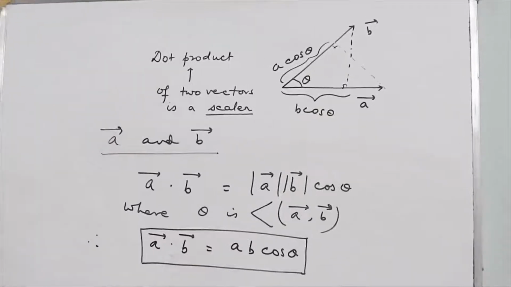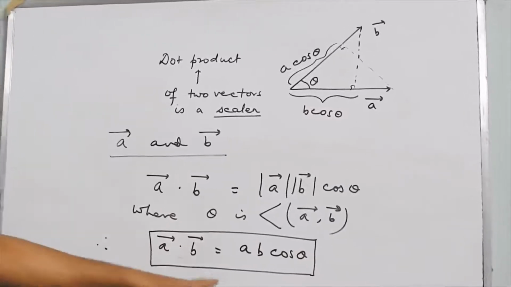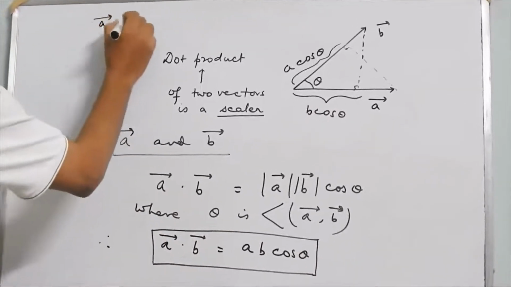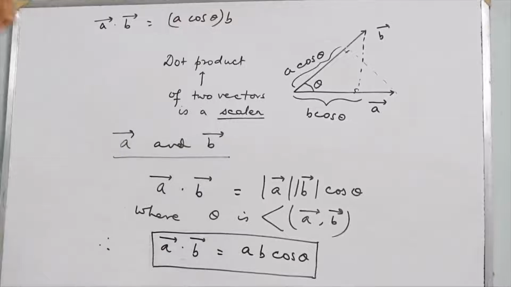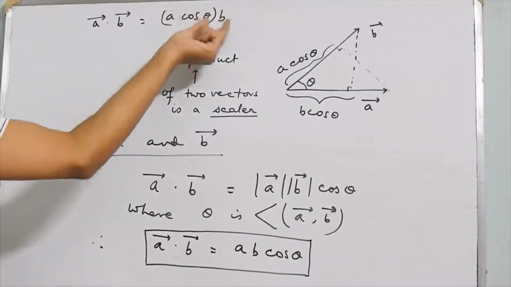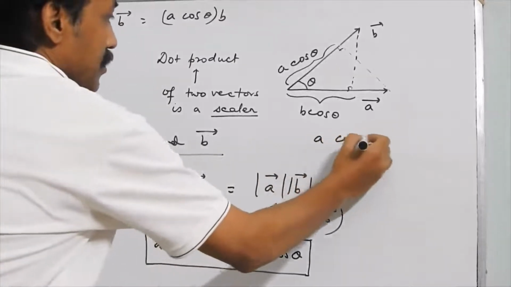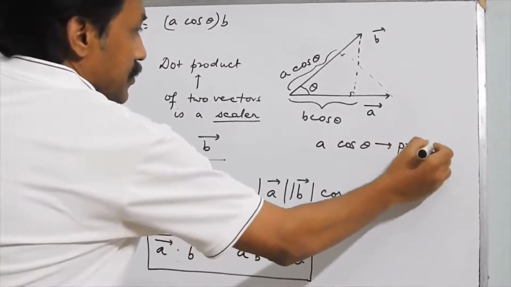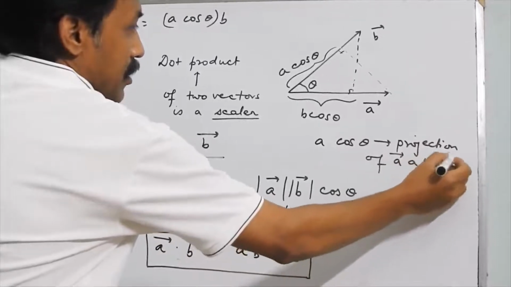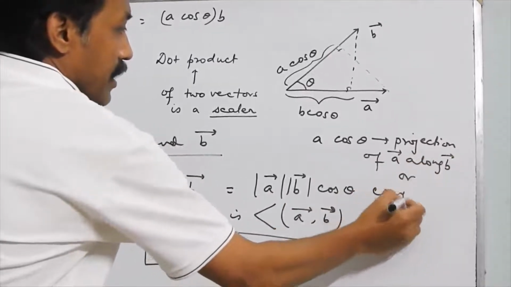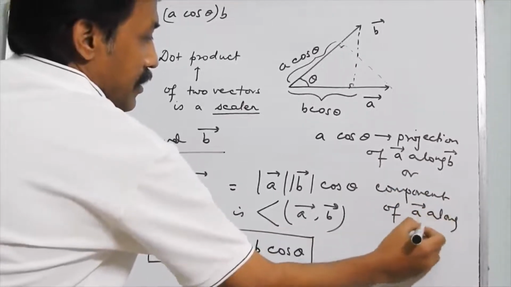So, dot product of two vectors is either the projection of one vector along the direction of another vector. So, this can be written as a vector dot b vector. Now it can be written as a cos theta times b, which means a cos theta is the projection of a along b, or component of a along b. A cos theta means projection of a vector along b vector, or you can say it is the component of a vector along b vector.